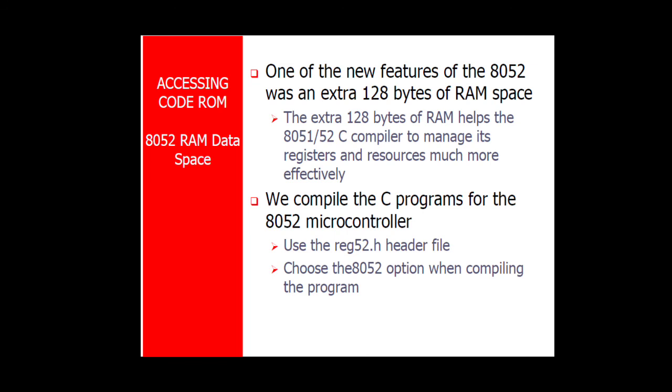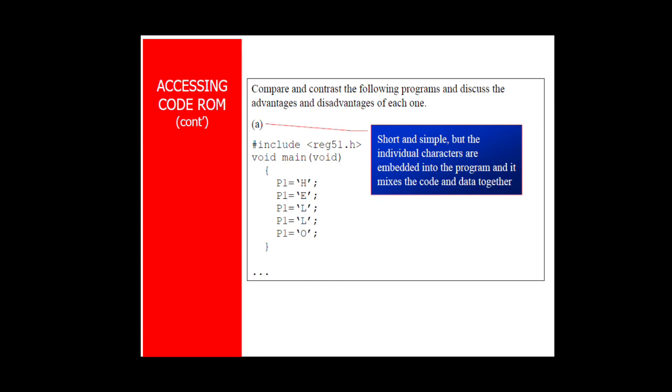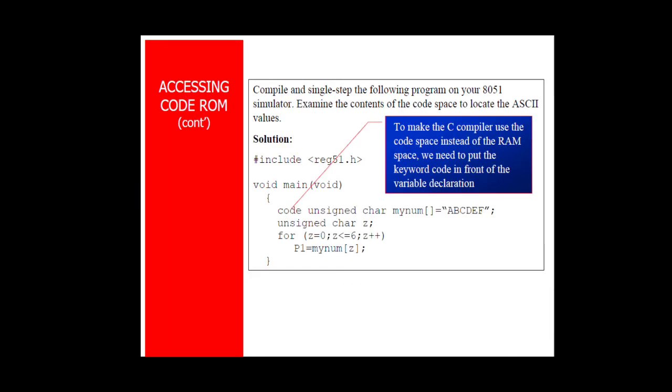First is to use the reg52.h header file. Choose the 8052 option while compiling the program. These two changes have to be made in the C program. Go through this example.